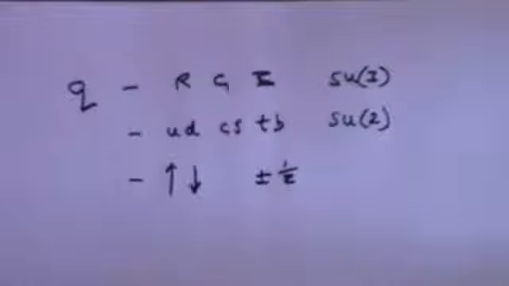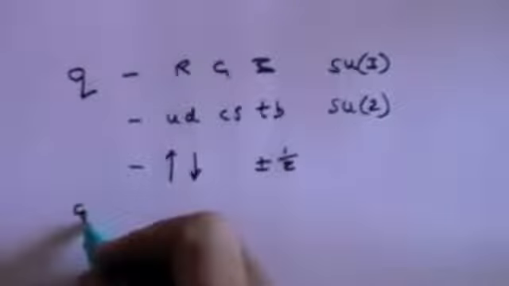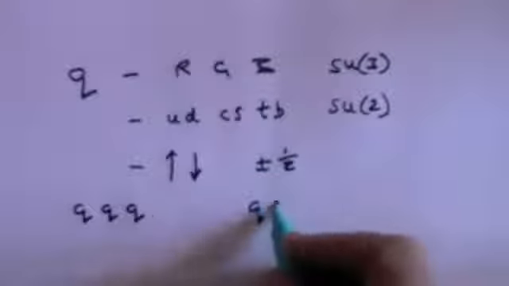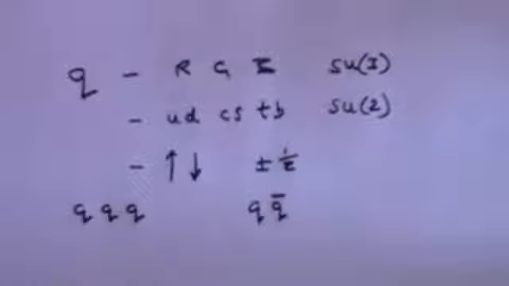We know that quarks can never be isolated. They are always confined in groups, and I showed you why in the last video. And what we find in nature is that quarks either come in sets of 3, quark, quark, quark, or in sets of 2, quark and antiquark.